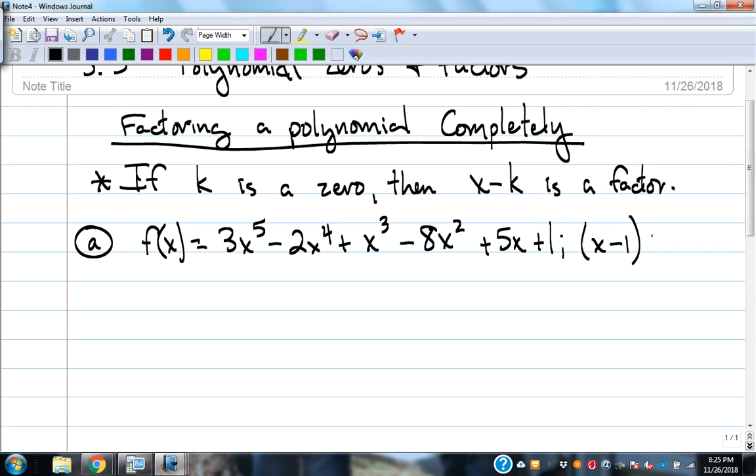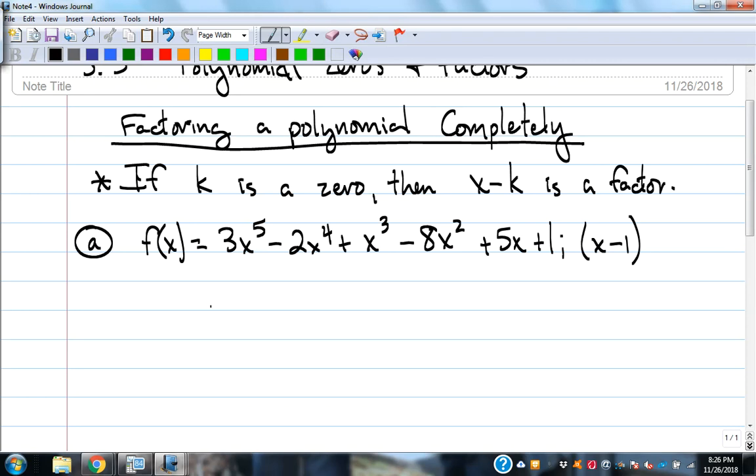Our first thing we're going to work on here to build up to being able to factor a polynomial completely is to take a factor that we know already or that they want us to try and decide if it is a factor. So this is just like what we just did. The difference is they don't give us the shelf number, they give us the factor that it came from.